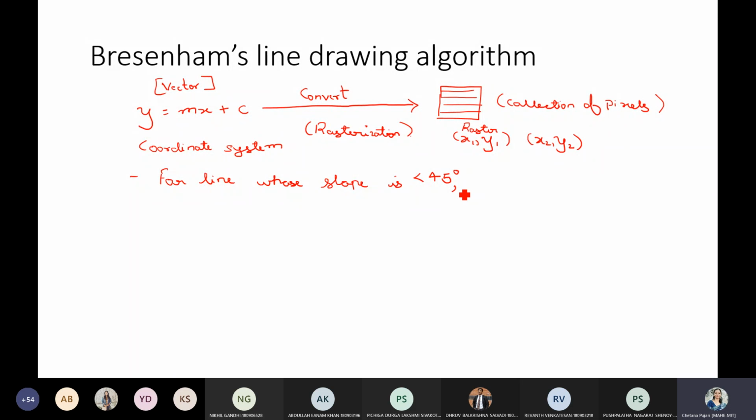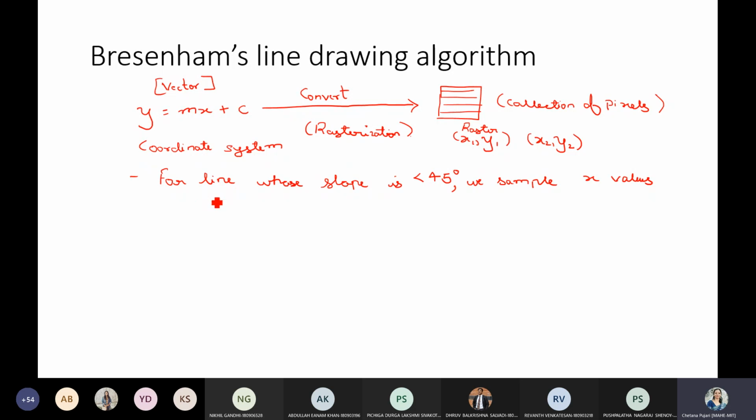So when your line is less than 45 degrees, we sample x values, right? Your x was incremented by 1 and y was incremented by less than 1, maybe 0.4, something like that, depending on your m value. We have seen an example yesterday.